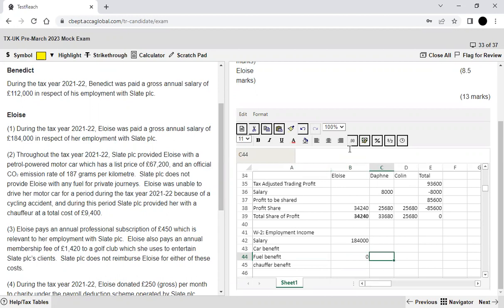Fuel benefit would be 0 because of the chauffeur benefit. Remember, all of the ancillary benefits of a car are exempt, except for a driver or chauffeur, which is a taxable benefit.